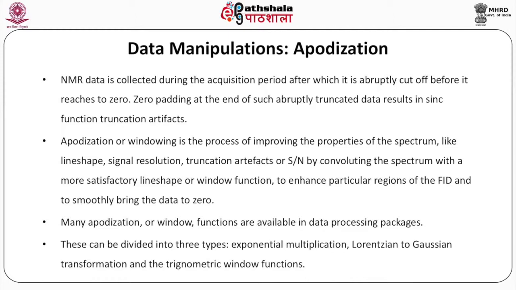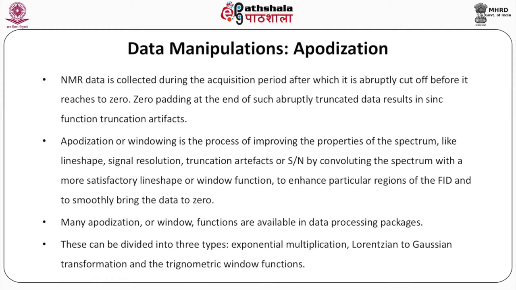Apodization or windowing is the process of improving the properties of the spectrum, like line shape, signal resolution, truncation artifacts or signal to noise ratio, by convoluting the spectrum with a more satisfactory line shape or window function to enhance particular regions of the FID and to smoothly bring the data to 0. Many apodization or window functions are available in data processing packages.